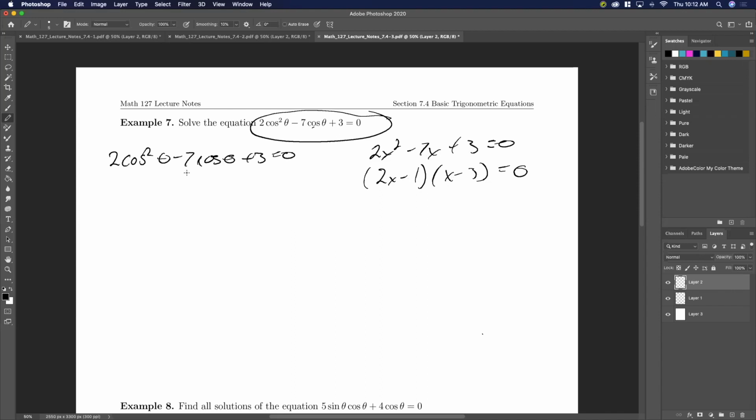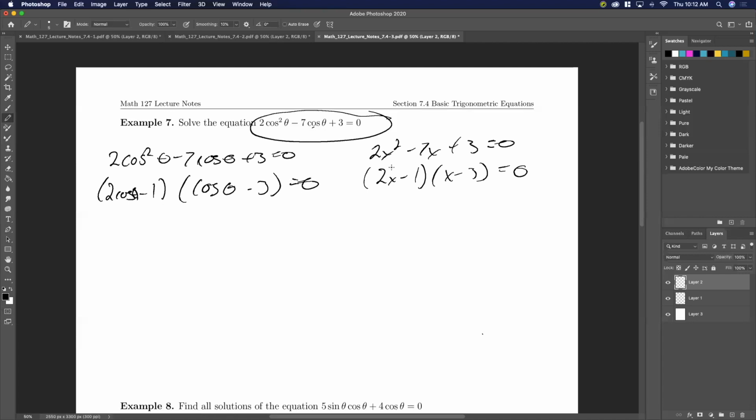Well, we're going to do the same thing here. Darn it, we have to factor that? Yeah, we have to factor that. You can always crunch it through a calculator and have the calculator factor it for you. So since this is true, this must be true: 2 cosine theta minus 1, times cosine theta minus 3, equals 0.